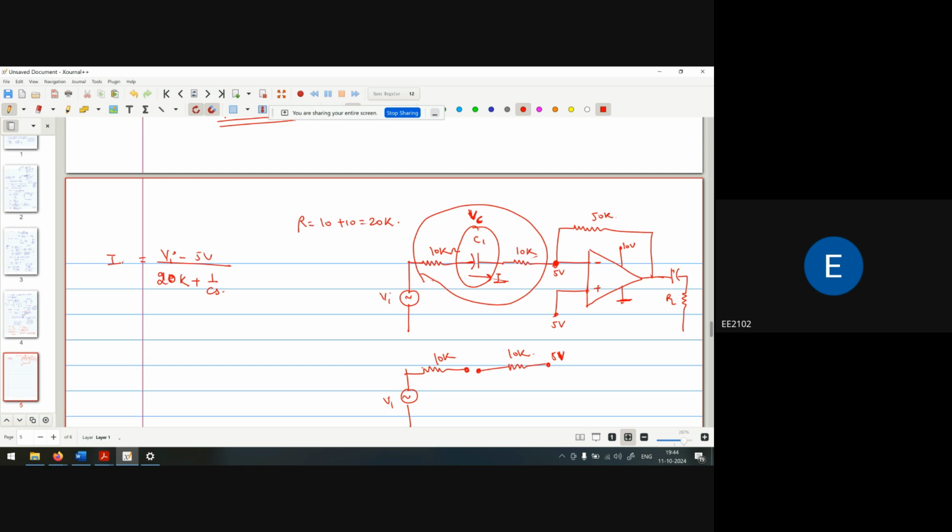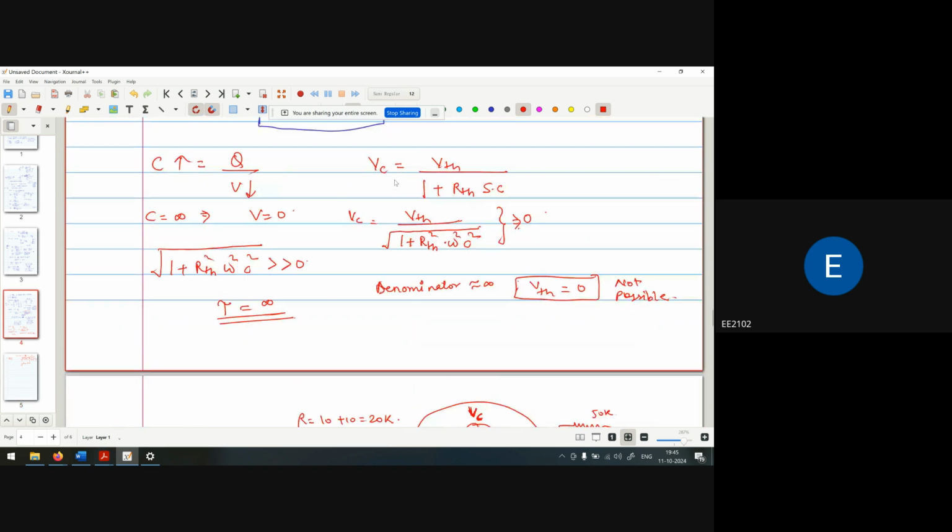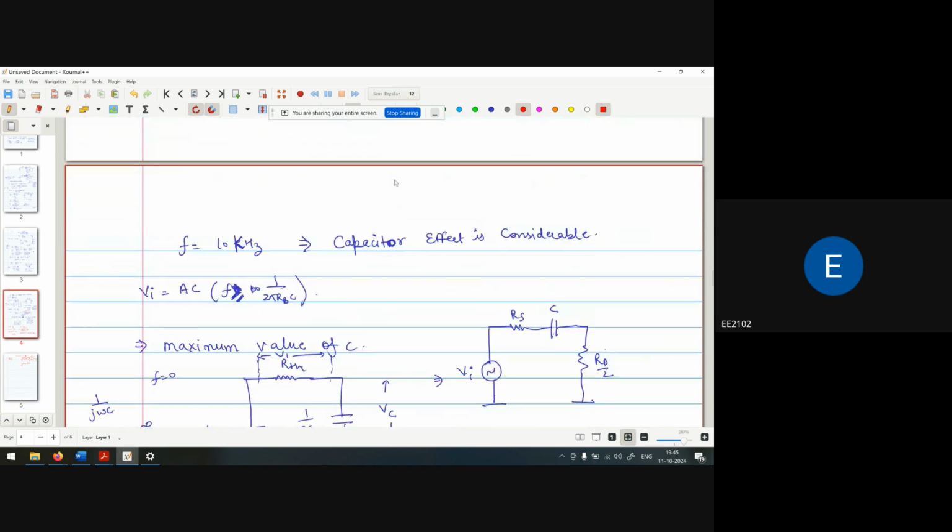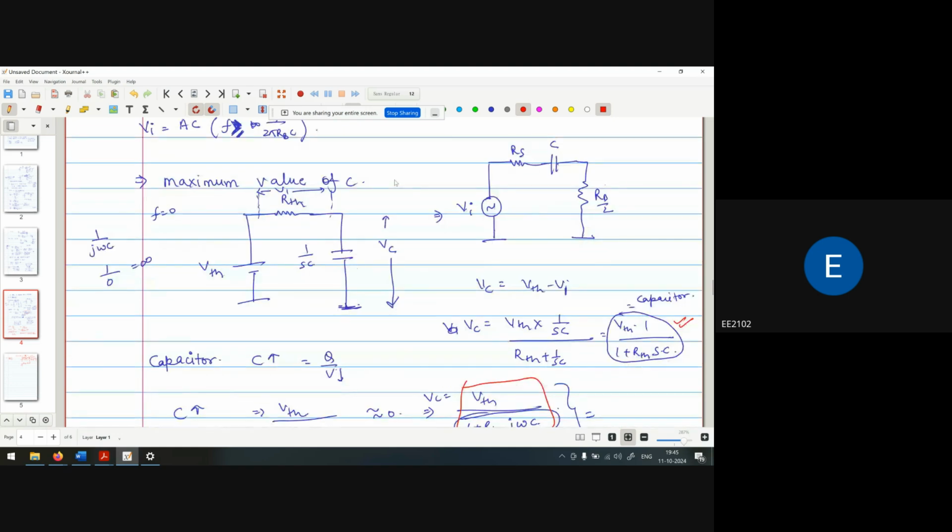We are talking about actually the similar scenario. If you are talking about this scenario, what do we consider in the RTH? These two resistances' effect.